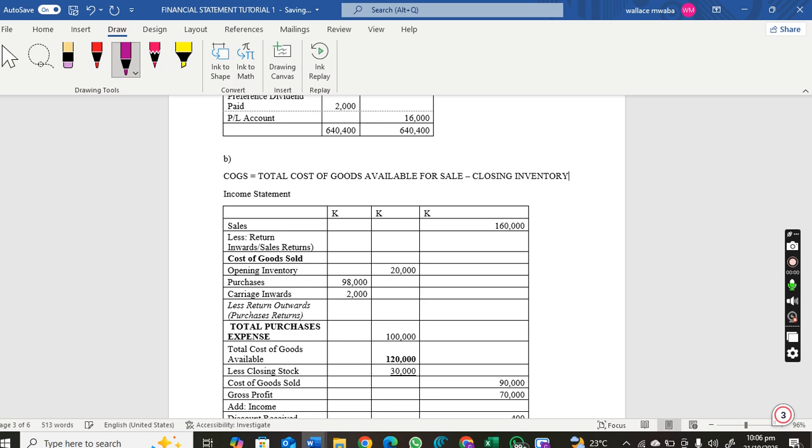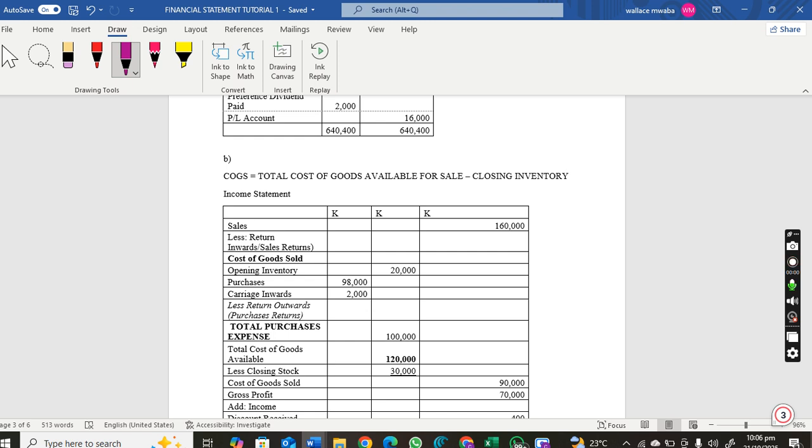It's all the goods that you had in your shop that year minus the goods that have remained. When you subtract those, you get the cost of the goods that were sold.